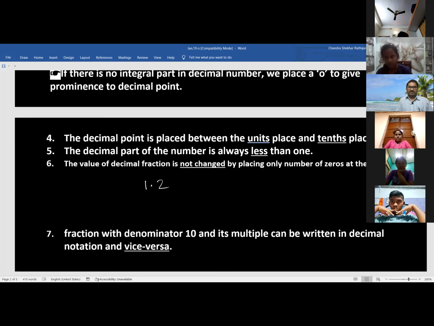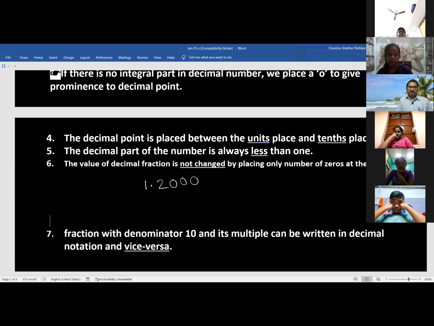The value of a decimal fraction is not changed by placing any number of zeros at the end. If you keep zeros at the end, any number of zeros, there is no change.